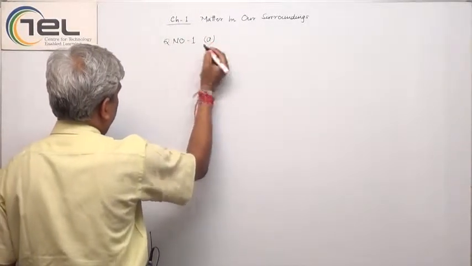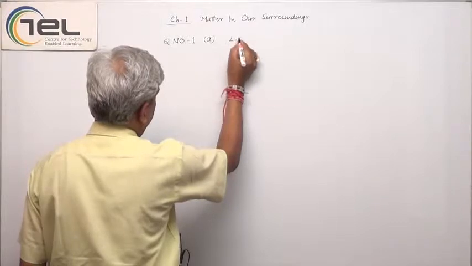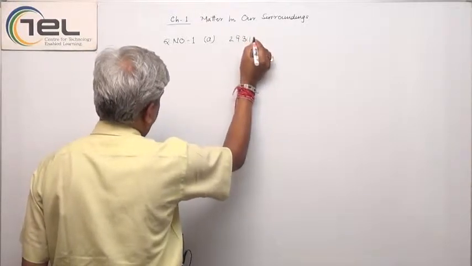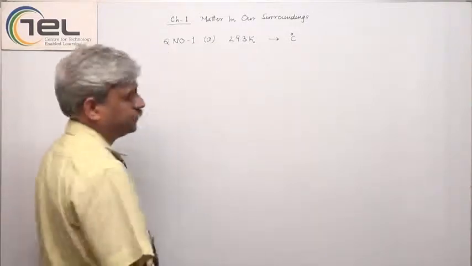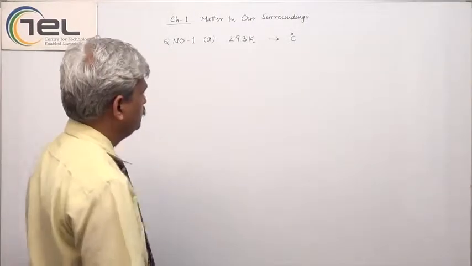A. We have to convert 293 K into degree Celsius. So what to do, students?